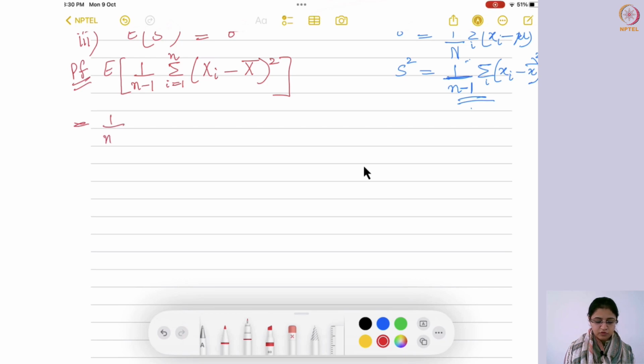So this will be 1 over n minus 1. Expectation would go inside. Then you would have summation i 1 to n xi minus x bar whole square. Okay. Now, first let us try to simplify what is in this bracket over here.